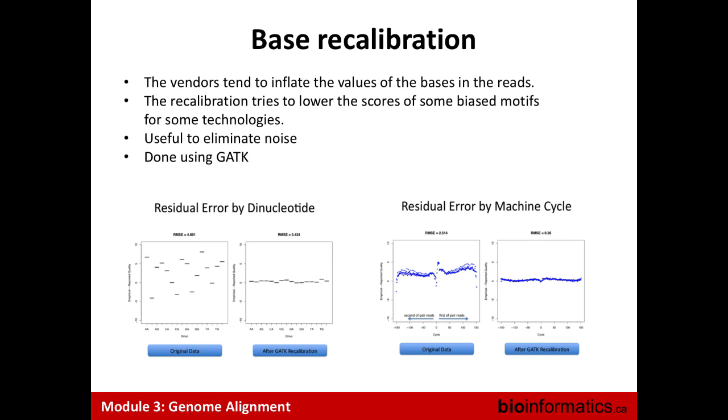So with base recalibration, we take the base quality distribution and split it, for example, by the genomic context. You expect in a normal situation that every data should have the same base quality, not influenced by the genomic context. So in that case, the recalibration recalculates the correct base quality based on all this information.